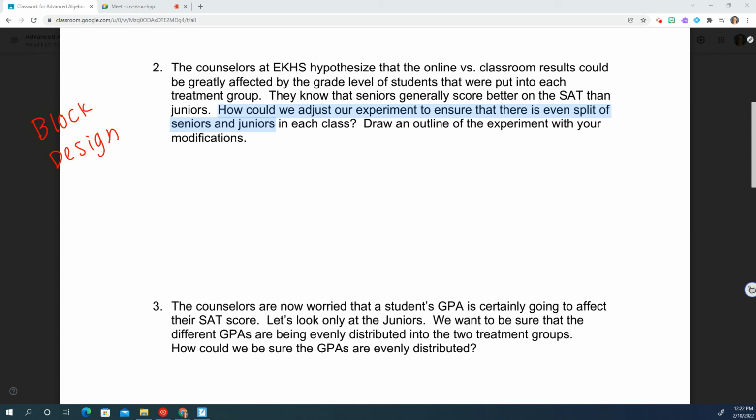Okay, so we'll take our 50 students that we started with. And we're going to block them off into their grade levels. So let's say we have 20 seniors and 30 juniors.